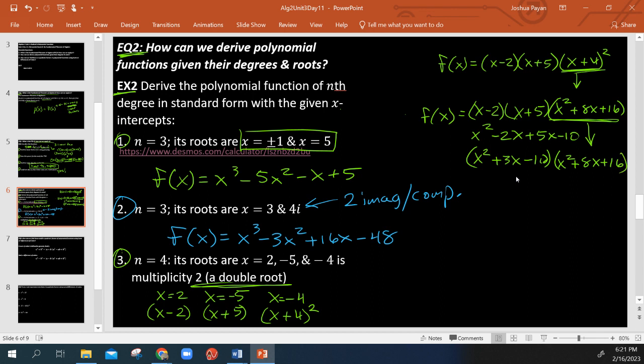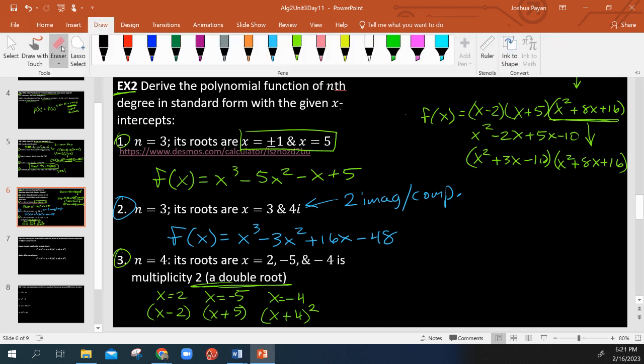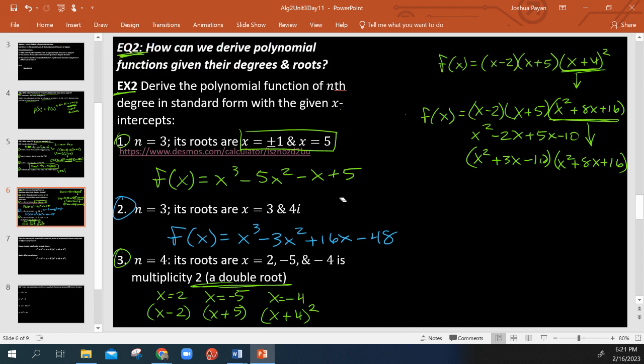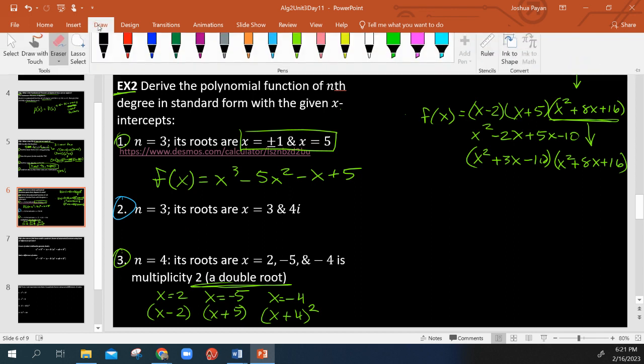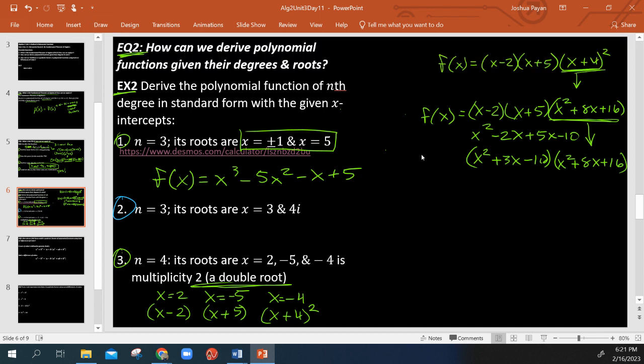So this is going to work like how we've done in the past. I'm going to distribute each and every term into the other. I'm going to erase some of this other stuff that I don't need and make sure I've got plenty of room. So x squared times x squared is going to give me x to the fourth, because we're just adding the exponents. x squared times 8x gives me plus 8x to the third.